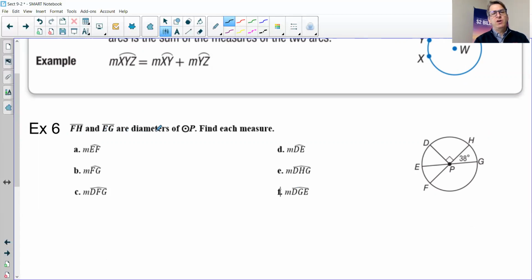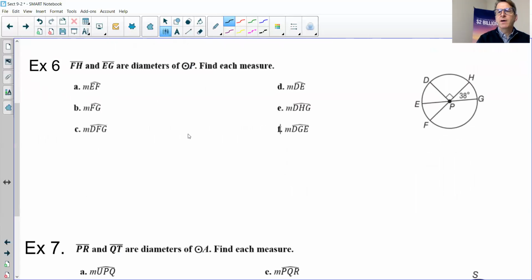FH and EG are diameters of circle P. Find each measure. All right, so let's take a look at our circle here. We have 90 here, so I could fill that in, and I've got a 38.